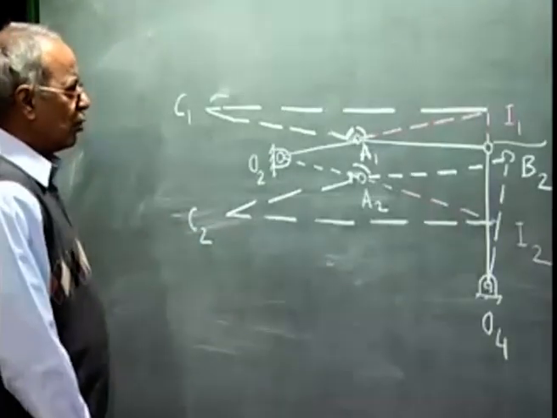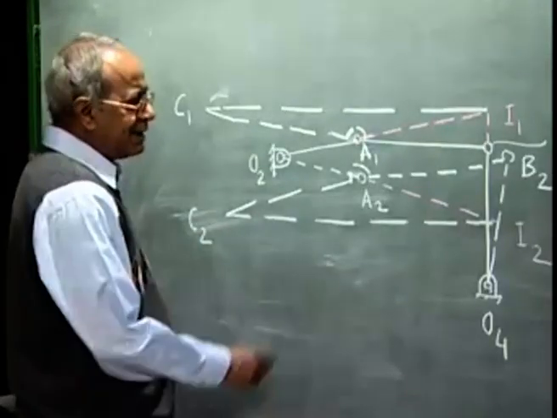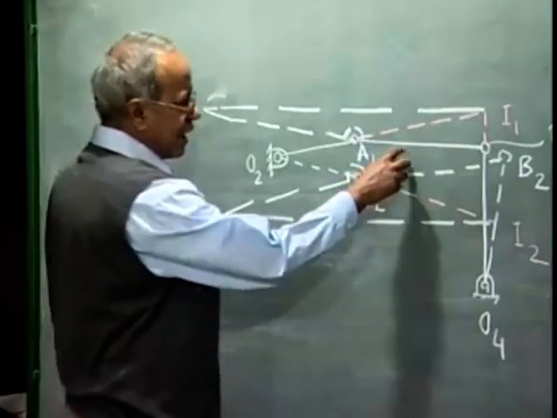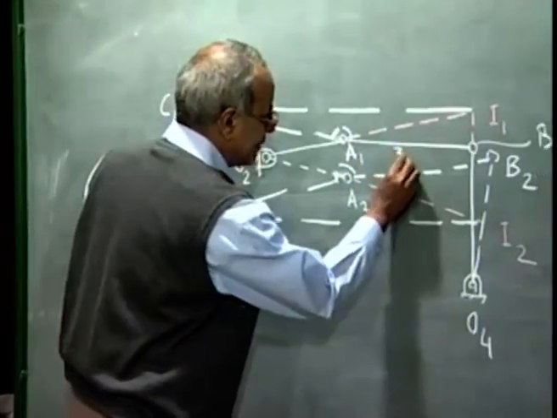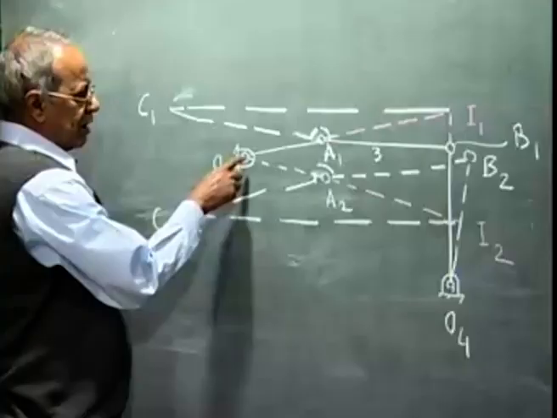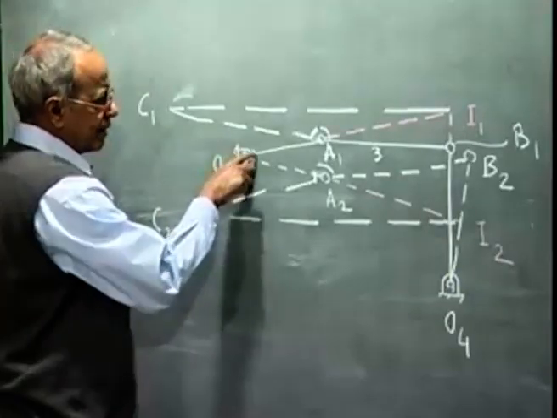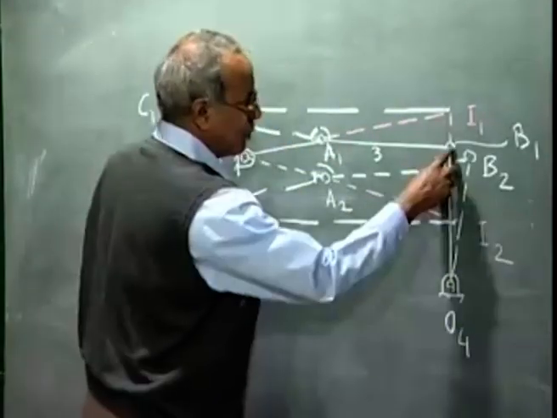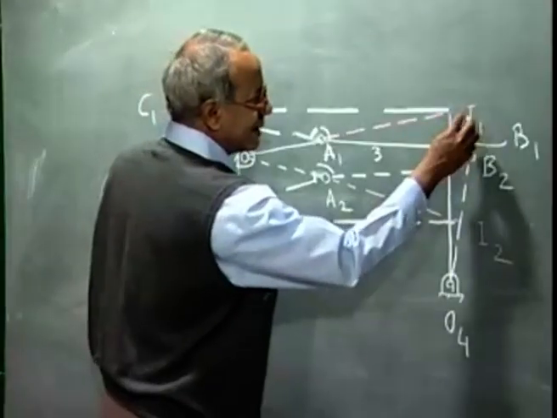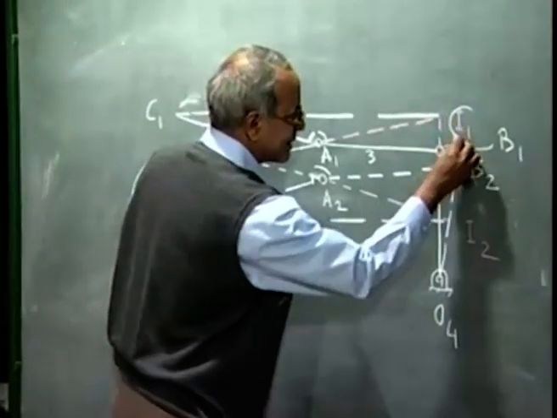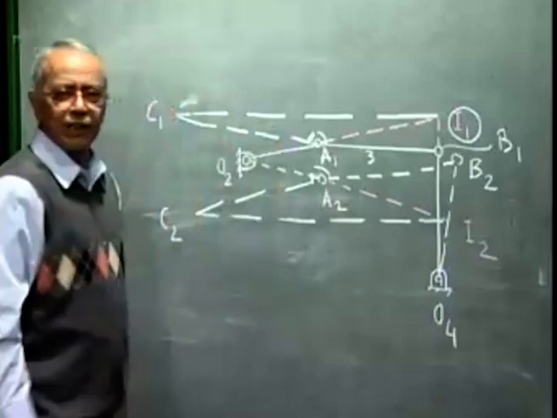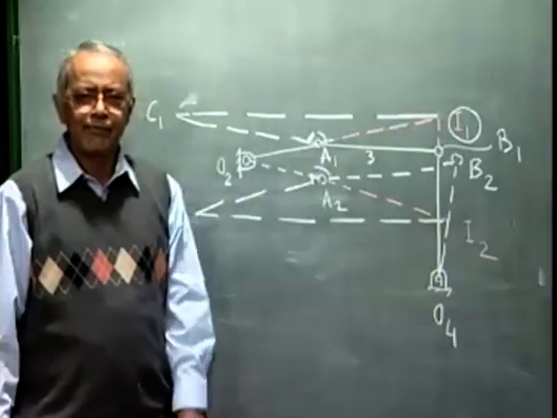What we do, we find what is the instantaneous center of the coupler, that is link 3, in the first configuration. As we have seen, we can extend O2A1 and O4B1. Wherever they intersect, that gives me the instantaneous center of the coupler at this configuration, which is I1.